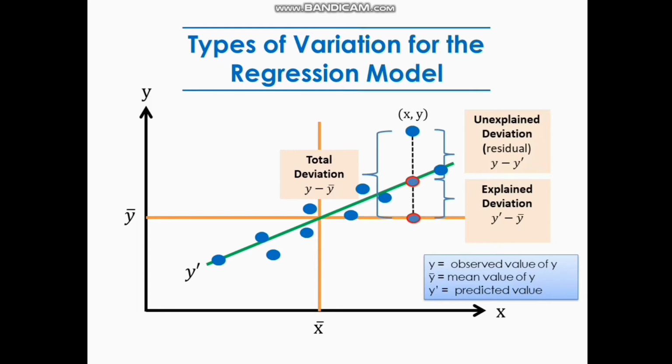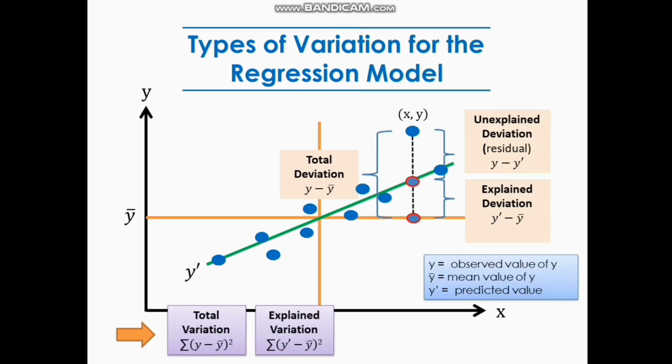So from those deviations, we can calculate the variations. Basically, the total variation is calculated by summing the square of all the total deviations from our given data, or the summation of the square of y minus the mean of y.